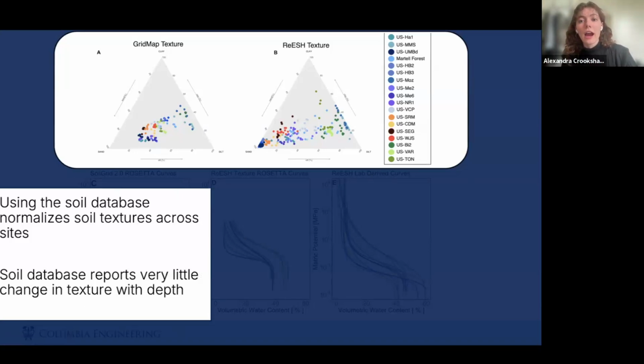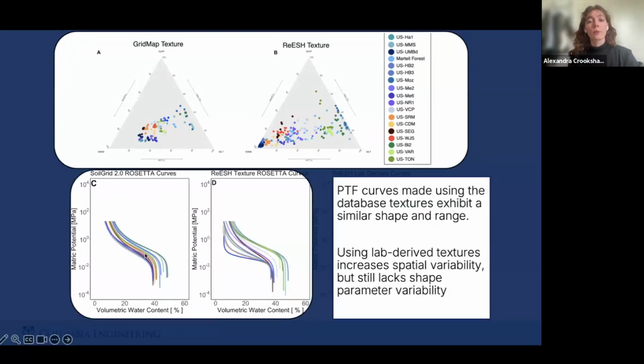When we compare how these textural inputs look when put into the Rosetta function, you can see the impact that normalized texture has. On the left here are the pedotransfer function derived curves with that soil database information. All of these curves, even amongst the different sites, not only show the same shape, but a very similar spatial distribution as well, which starts to break up a little as we use our lab-derived soil texture measurements.